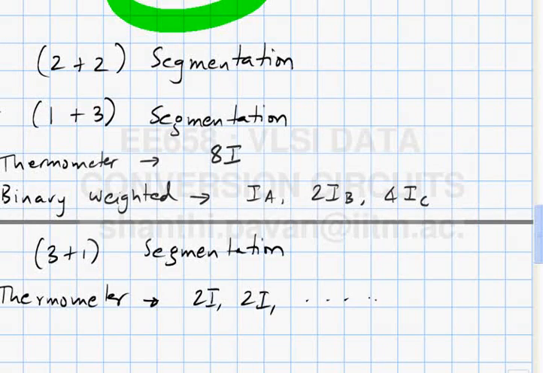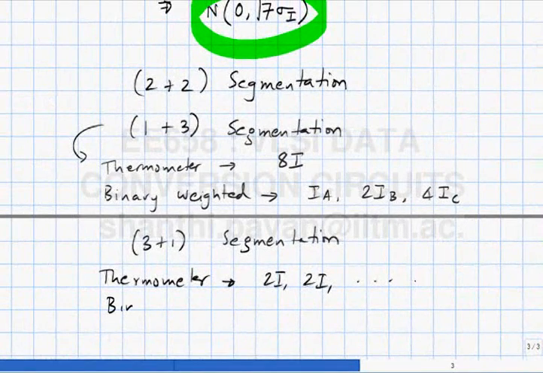And the binary one is either 0 or, it's got a single current source of value I, and it's either turned on or off. So any comments on this one? This is not quite the same as a full thermometer, right? So do you think this is going to be better than the 2+2 segmentation, or worse than it?